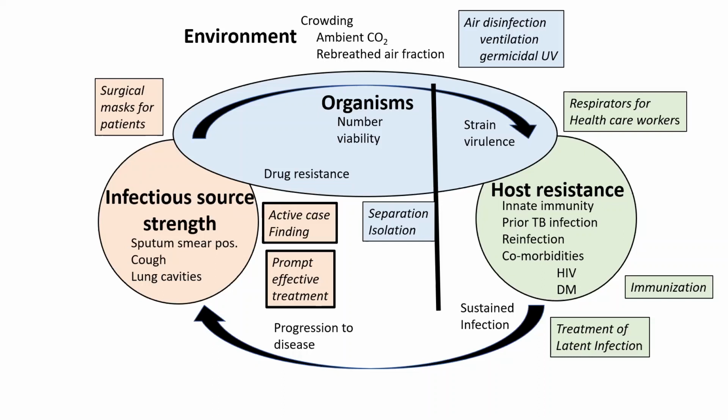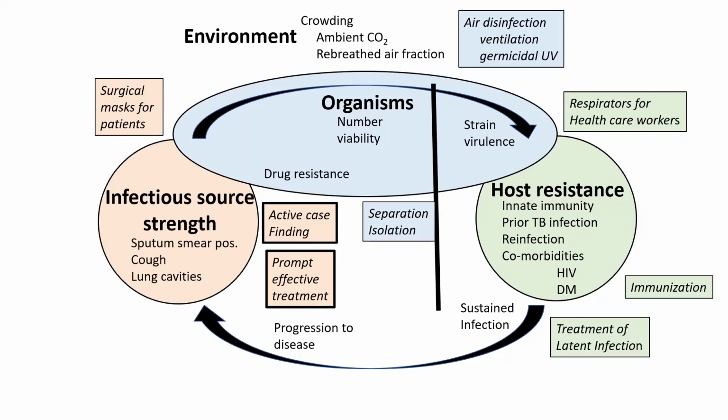Then we get over to the host, the people who are exposed. Factors there include how immune people are innately. Some people are much more vulnerable to tuberculosis than others. Prior exposure and repeated low-grade infection conveys a certain amount of protection that can be overcome, and is overcome frequently, but nonetheless, there is infection.